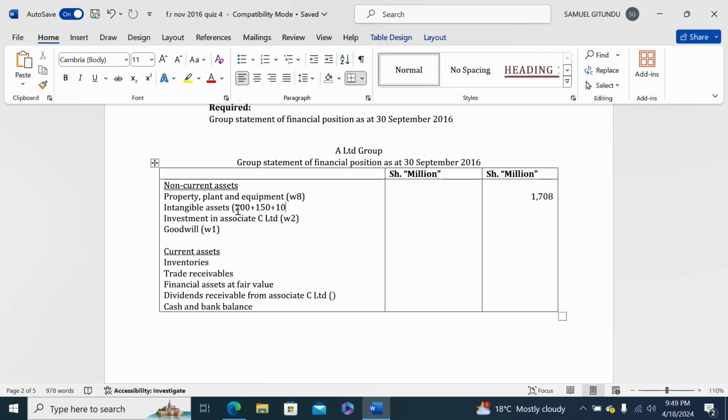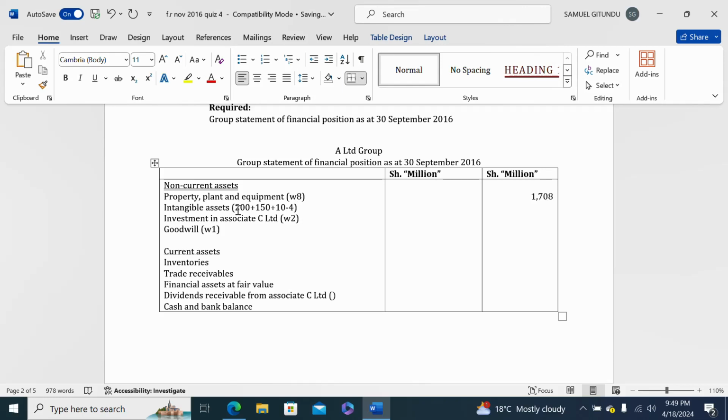Then we less the depreciation of 4 million, which was undercharged.